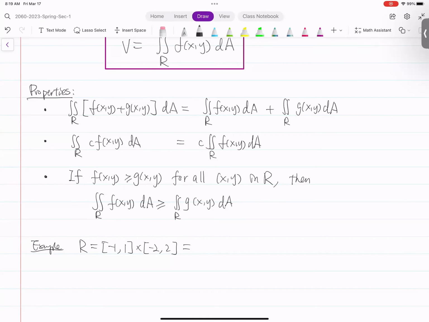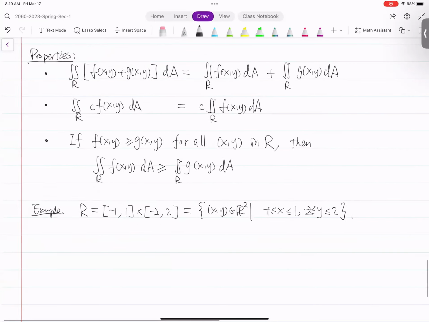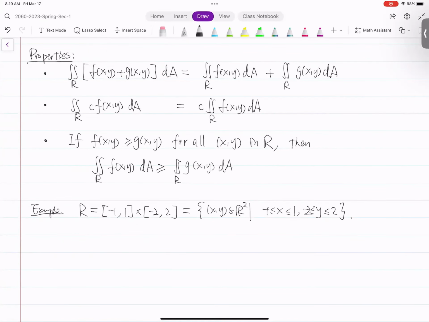So we have x values between -1 and 1, y values between -2 and 2. So this is exactly all the pairs in the two-dimensional space such that x is between -1 and 1, y is between -2 and 2. And now we have the region. So we want to find the double integral on this region of the square root of 1 minus x squared.